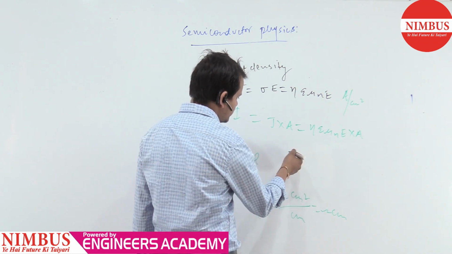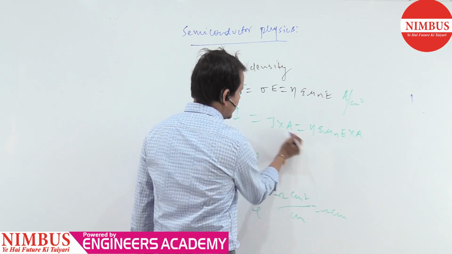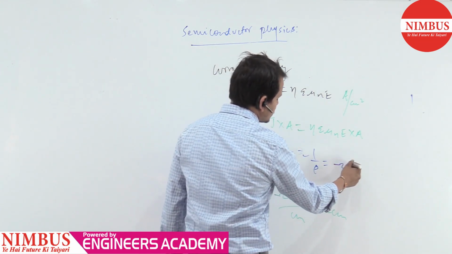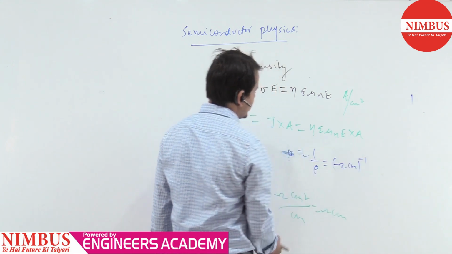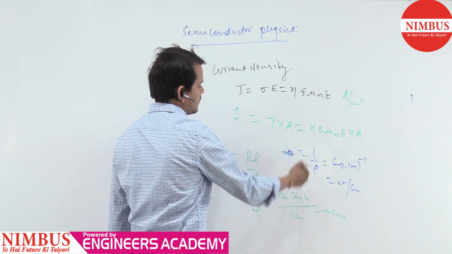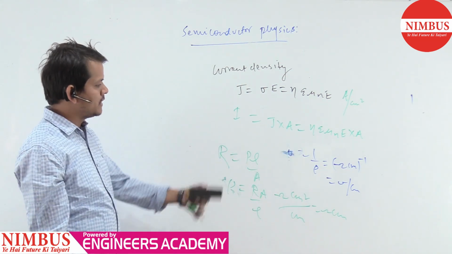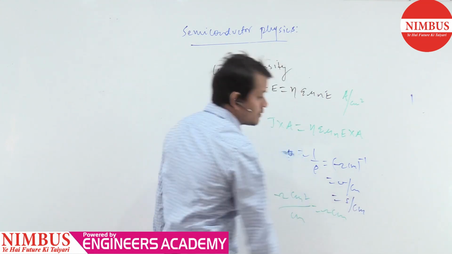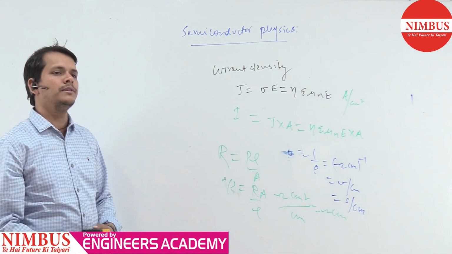Conductivity is 1 upon rho, so this is ohm centimeter inverse. So we say mho per centimeter, or sometimes I call it Siemen per centimeter. So Siemen per centimeter, mho per centimeter.